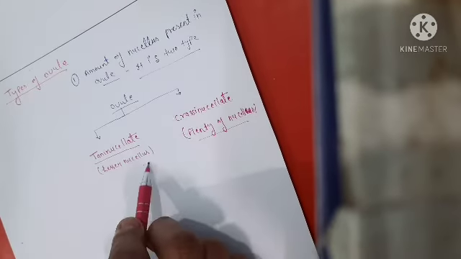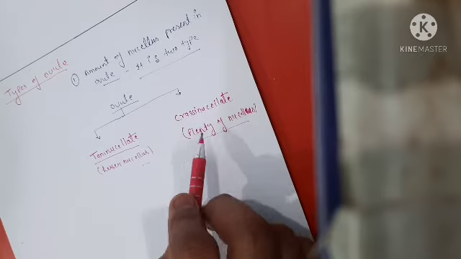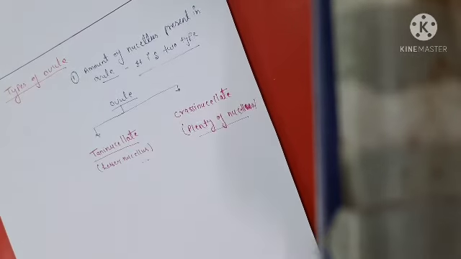Tenuinucellate means lesser nucellus, and crassinucellate means plenty of nucellus.